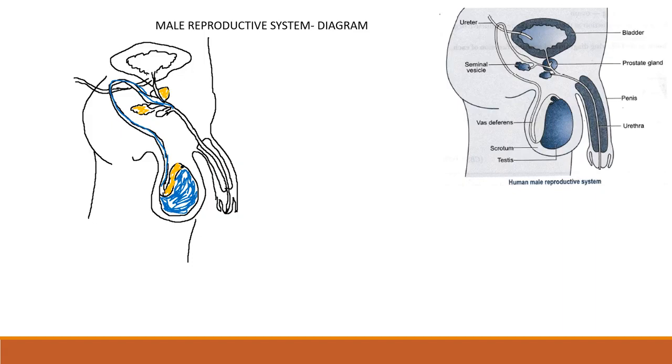This is prostate gland, and the fluid of prostate gland makes it alkaline in nature, so it makes the environment of vagina alkaline because the environment of vagina is acidic.